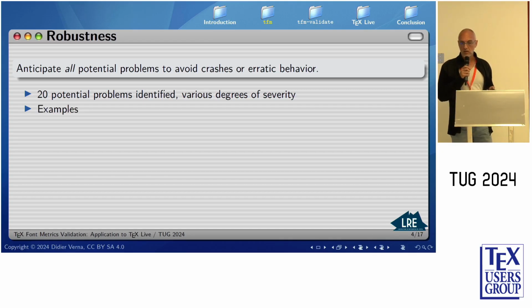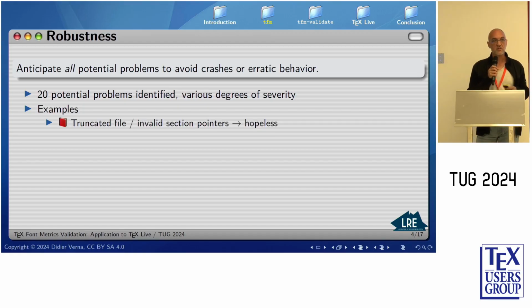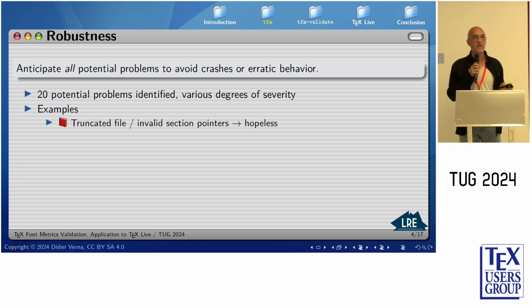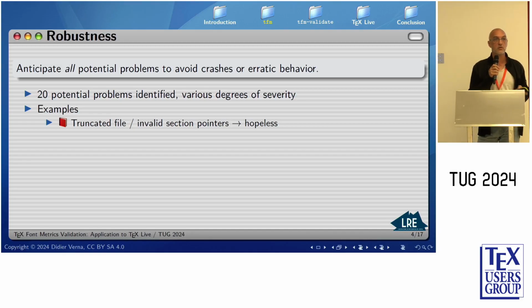Here are three very quick examples of this. Something which is extremely severe, so this is going to be an error, and probably a non-recoverable error, is a truncated file, for instance. If a file is shorter than the declared size, there is probably nothing much you can do about this font. It's not going to work at all, and that should be an error.